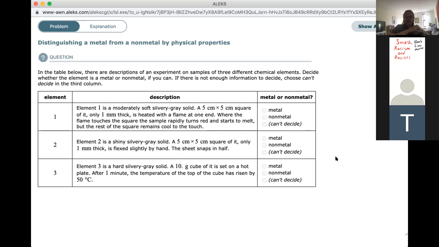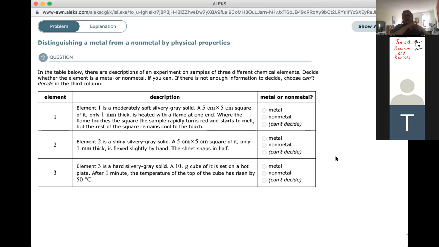It's flexed and it snaps in half. Now that's the key right there. That's really the issue of ductility. If something bends, that's related to ductility and malleability, right? I guess that's more malleability. Malleability is whether it can change its shape without breaking.